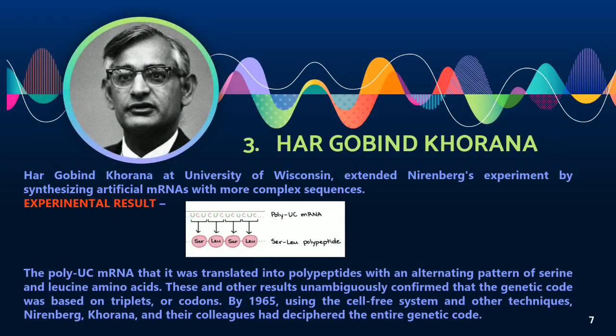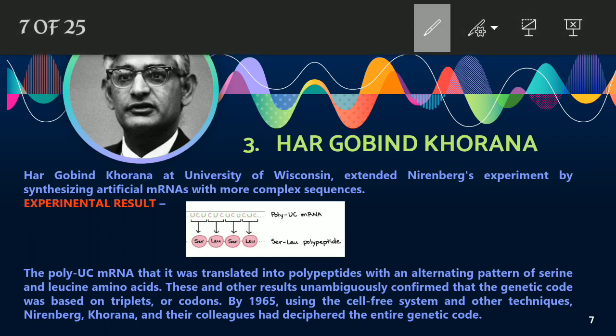Other researchers, such as the biochemist Har Gobind Khorana at the University of Wisconsin, extended Nirenberg's experiment by synthesizing artificial mRNAs with more complex sequences. For instance, in one of the experiments, he generated a poly-UC mRNA, that is UCUC, and added it to a cell-free system similar to Nirenberg's.